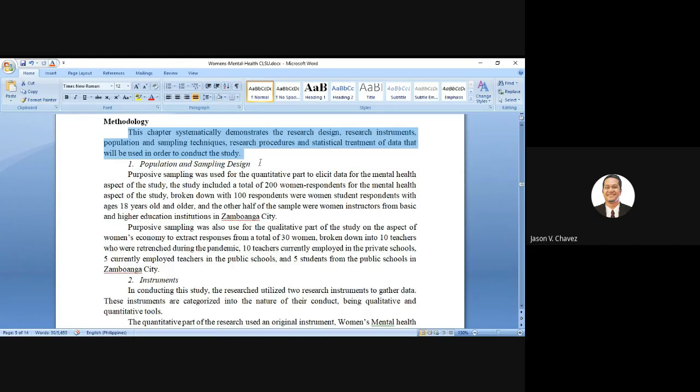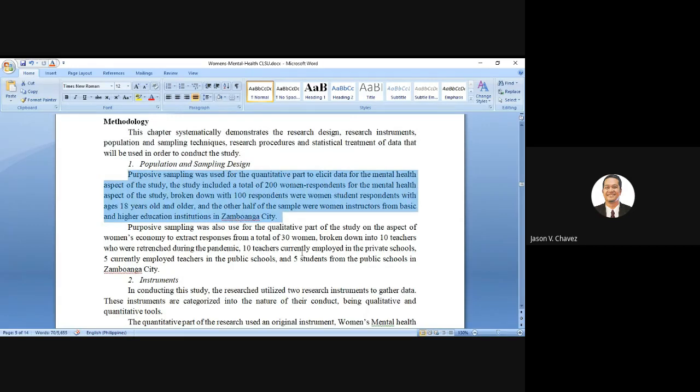And the first part of methodology is the population and sampling design. In this case, the research is both quantitative and qualitative. So you have the mental health aspect and the economic aspect of the research. So there are two population and sampling designs for this research.